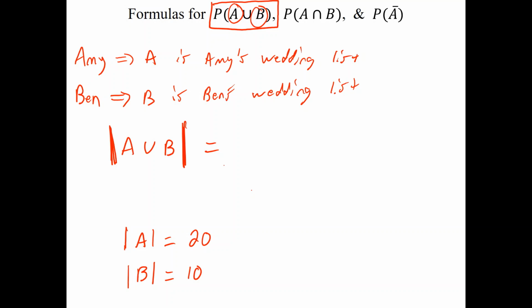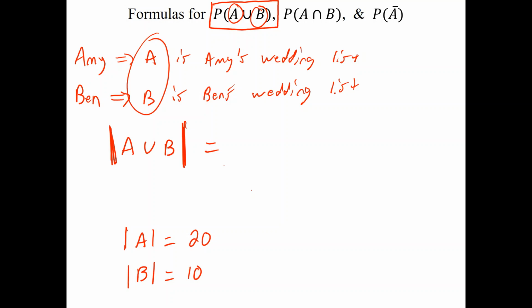As long as there's no overlap on these two lists, then you're right. But let's say Amy is inviting someone and then Ben is inviting the same person, then there's less than 30, because you're not going to send 2 invitations to the person. Or even if you do, you're sending 30 invitations out, but this one person is going to come instead of 2 people.